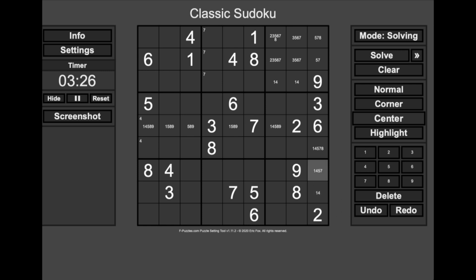This is not 8. Neither is that. Let's see. 4 is already placed there, right? Let's see. 2, 8, 9 says I have these digits to fill. I need 1. 2 is already in there. 3, 4, 5, 6, 7.